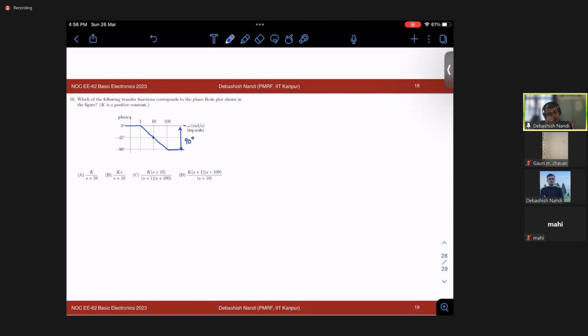And what is the pole location? It will be where there is a drop of 45 degrees, minus 45 degrees. So this is my pole location, s equal to 10, right? So how will it look? The transfer function will look like simply a constant term and some s by 10 plus 1, right?